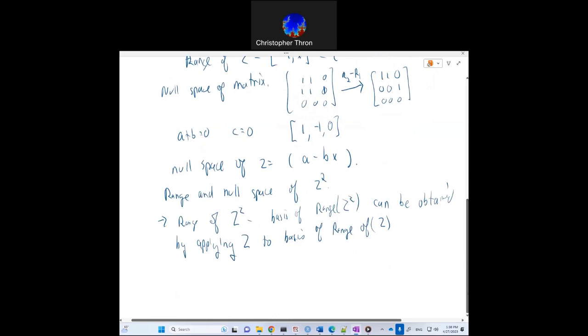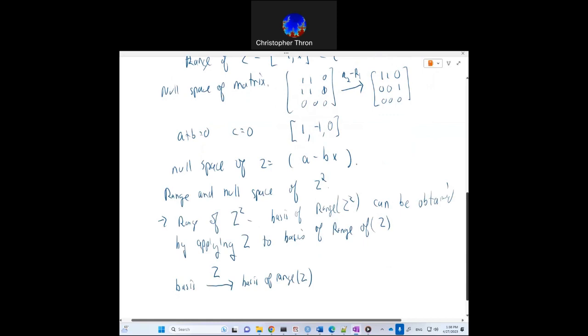So the picture is that here we have a basis first, and then you apply z. When you apply z to this basis, you will get a basis of the range of z. This spans everything in the range.